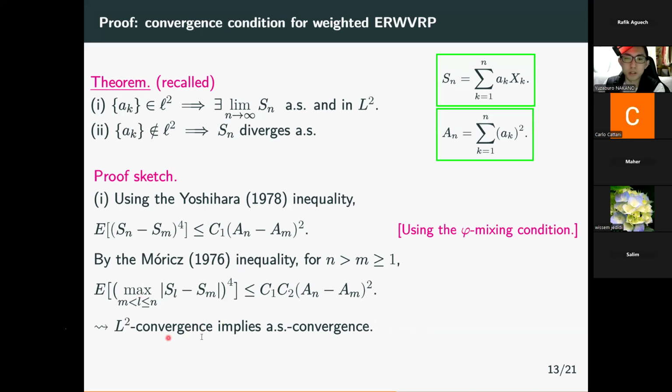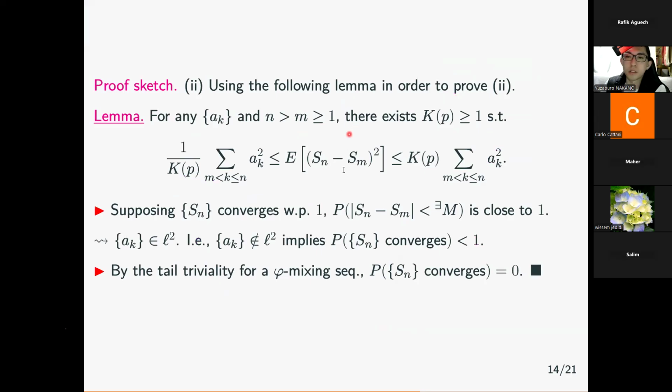This inequality implies the L2 convergence, and for the fourth moment of the maxima, L2 convergence implies almost sure convergence. And the second part follows from this lemma. The second moment of Sn minus Sm can be bounded above and below by the sum of ak square with some coefficients.